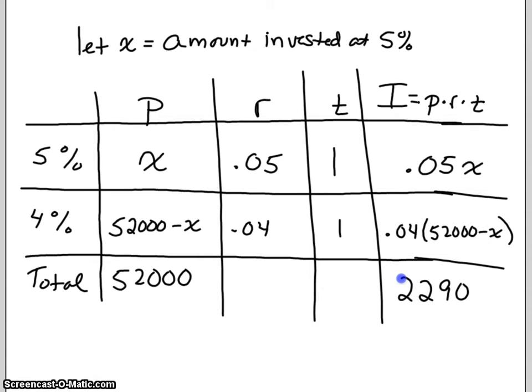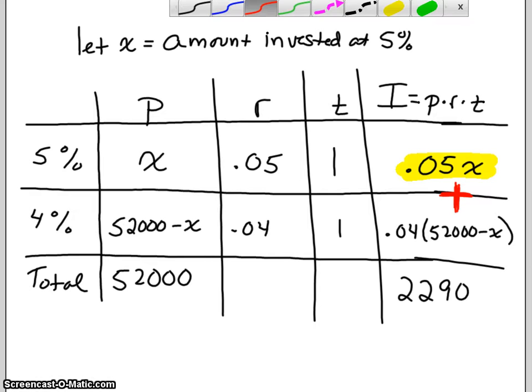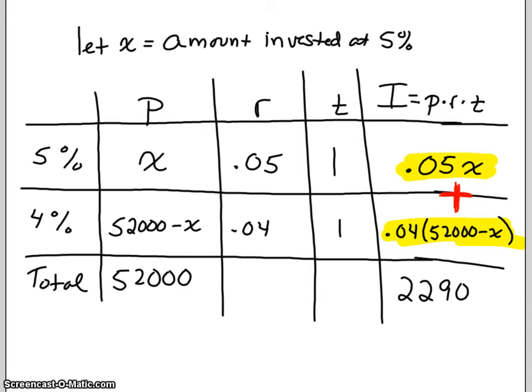Okay, so now here we go. This is our equation right here. Interest earned at 5% plus interest earned at 4% equals total interest.